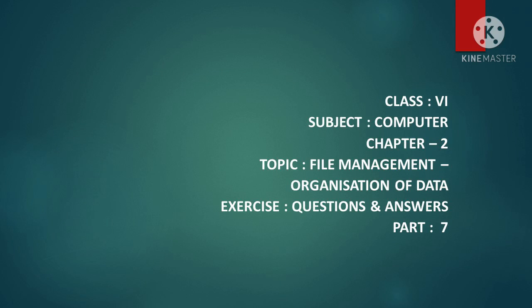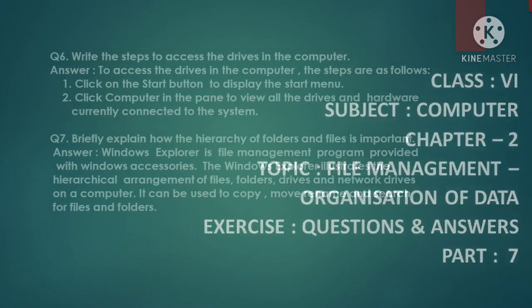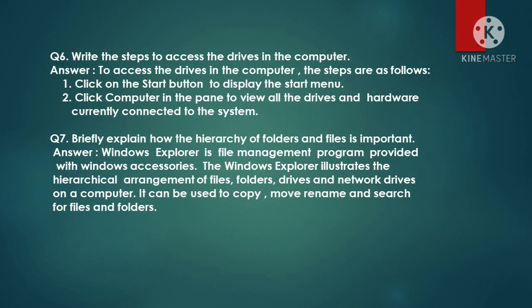The topic name is File Management Organization of Data, Part 7. The next slide contains a few more questions and answers. Question number 6. Write the steps to access the drives in the computer. Answer.